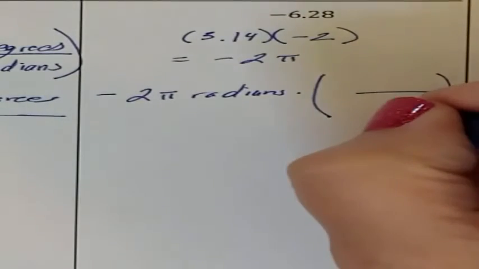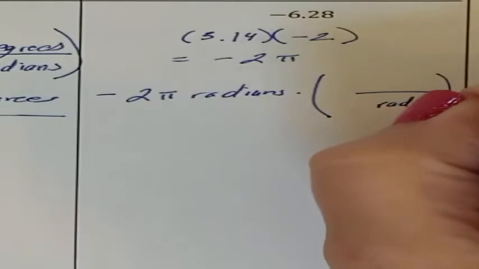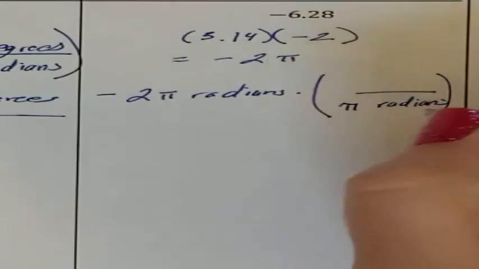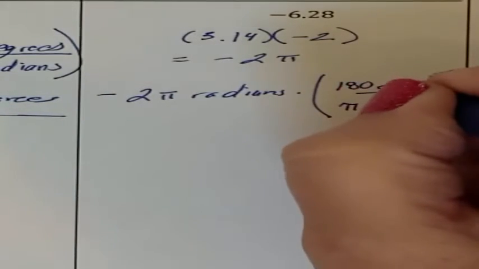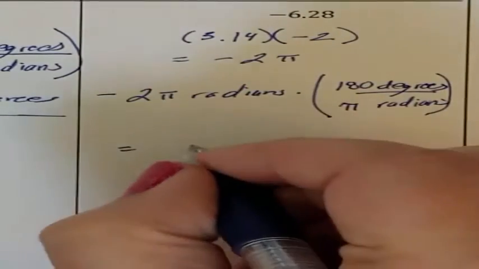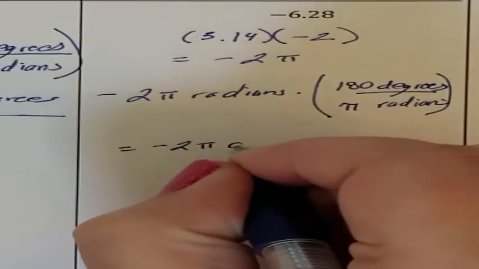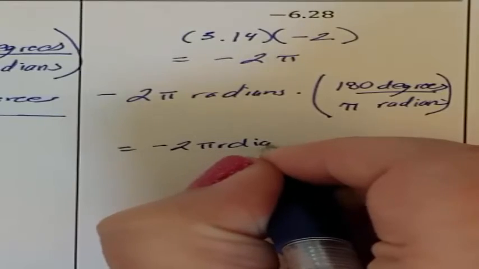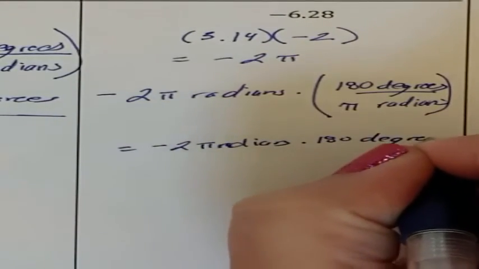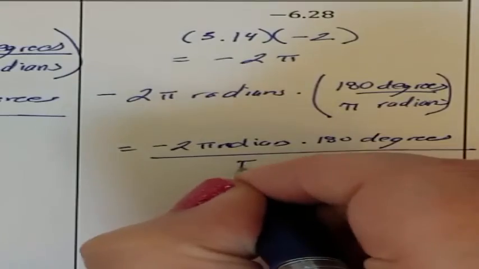If radians is what I have, I need to get rid of the radians, which means the denominator has to be radians. Our conversion fraction says pi radians is the same as 180 degrees. So multiplying my fraction straight across, I have negative 2 pi radians multiplied by 180 degrees all over pi radians.